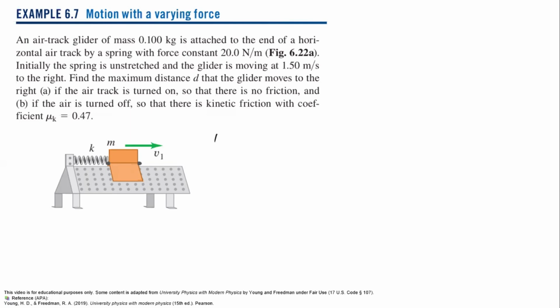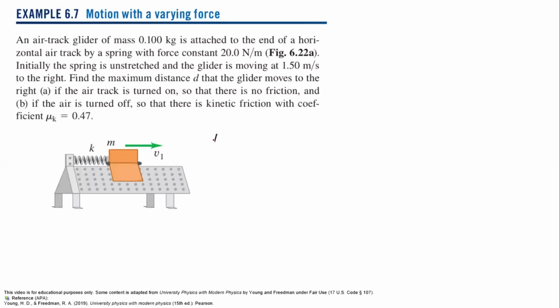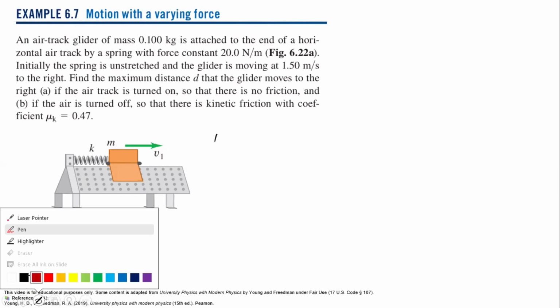Initially, the spring is unstretched, and the glider is moving at 1.50 meters per second to the right. In this problem class, we're just going to answer letter A: find the maximum distance that the glider moves to the right, if the air track is turned on so that there's no friction.